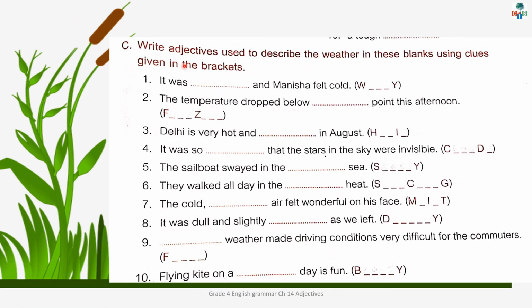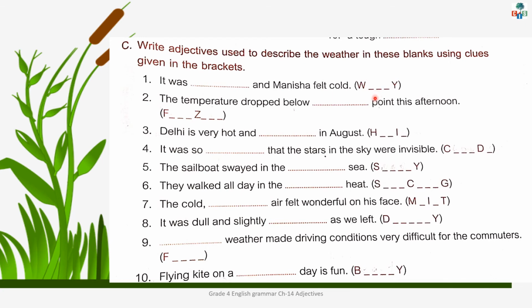Exercise C. Write adjectives used to describe the weather in these blanks using clues given in the bracket. Now children, here you have to use the adjectives which describe the weather and the clues are given in the bracket. See the first one. It was dash and Manisha felt cold. So the word starts with letter W. See in the bracket.